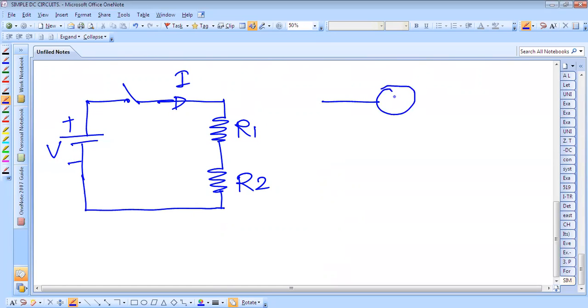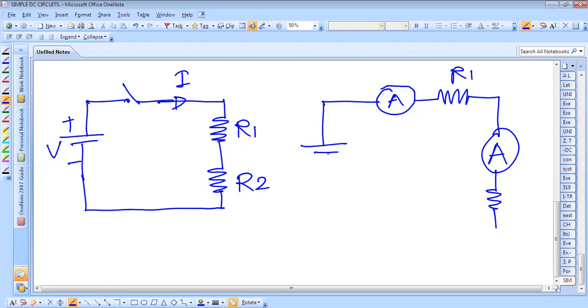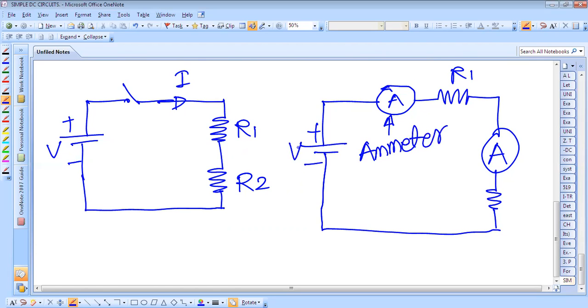We require an ammeter here for measuring the current flowing through the resistor R1. And suppose we also require the current flowing through the resistor R2. This is the ammeter, this is your voltage source, and this is your R2. This will tell how much current is flowing through the resistor R1, and this will give how much current is flowing through the resistance R2. Or we can also connect one more ammeter here.